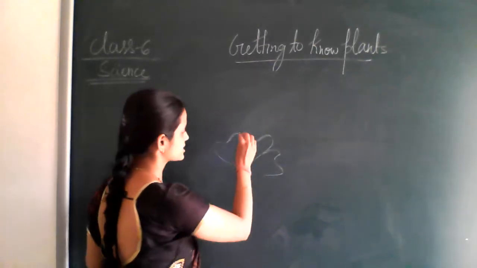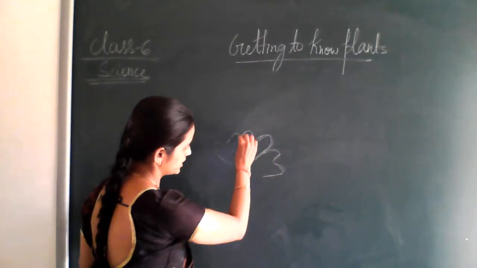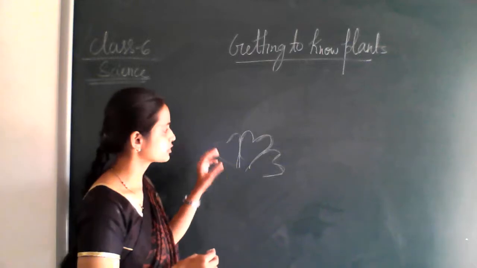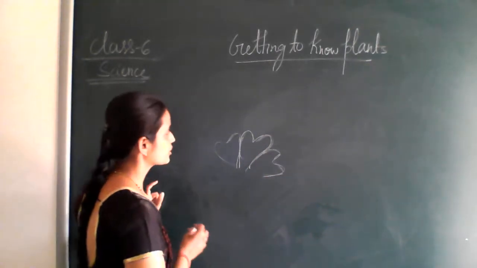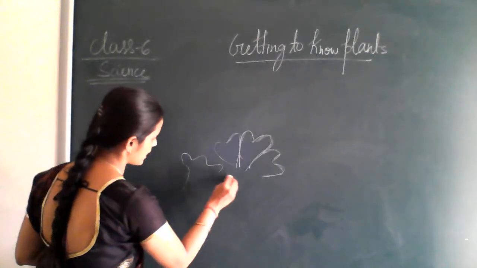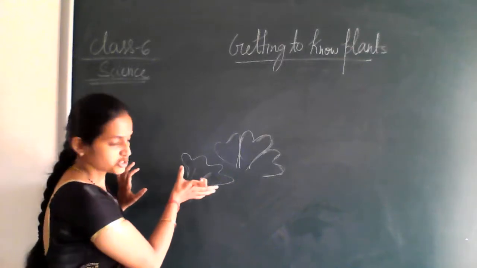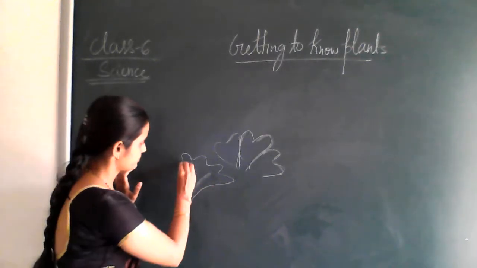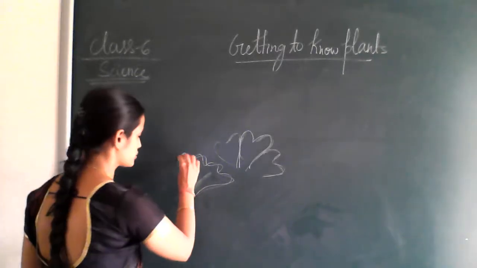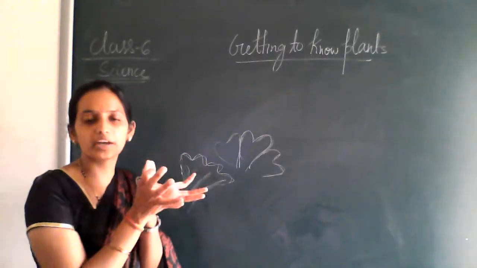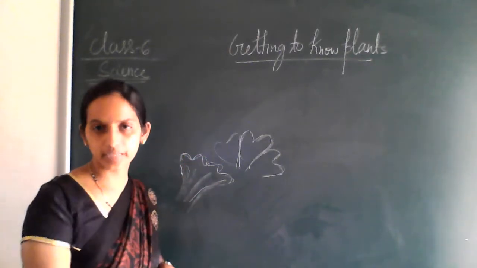You can see the separation of each petal; you can remove this petal, then this, right? But in the Dhatura plant, or bell-shaped flowers, the petals are joined. The flower structure is like a bell, so that bell-like flower has joined petals. You cannot individually remove each and every petal, right?